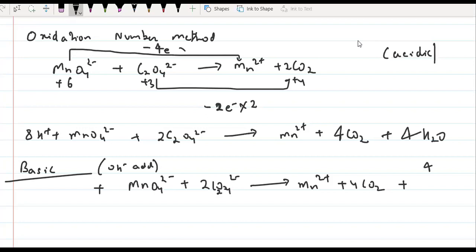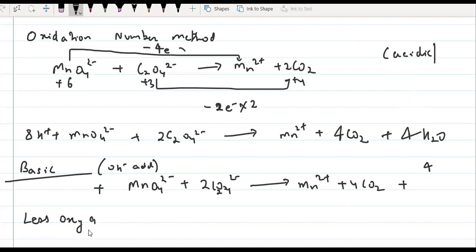Now if you think about this, if required oxygen is 4, what you have to do? Wherever there is less oxygen, remember this, which side will have less oxygen?